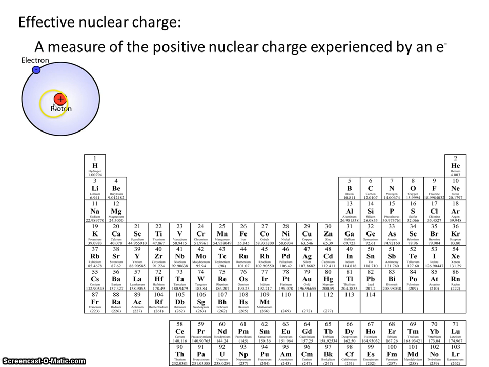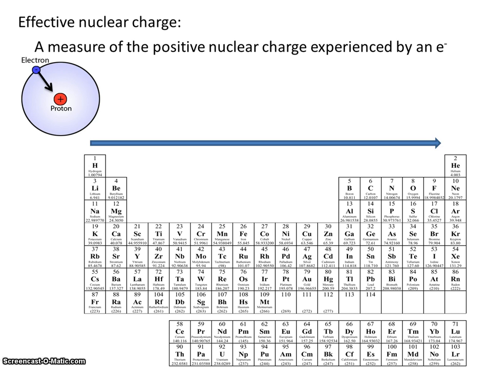You know that in the nucleus are protons. There's a positive charge here. So how much is that electron pulled towards the positive charge? That's what effective nuclear charge is. You probably guessed, the more positive the charge, the more pull this electron experiences.